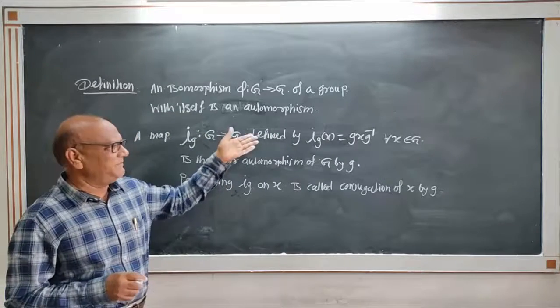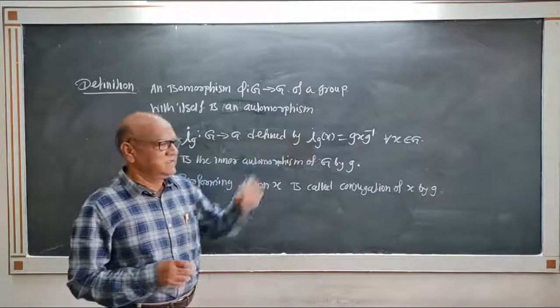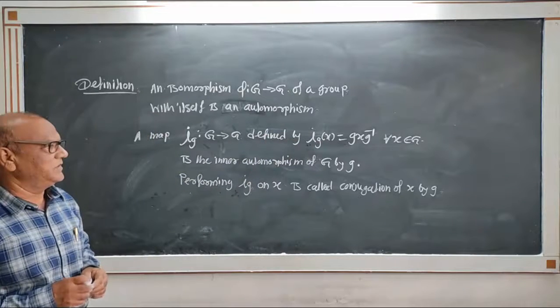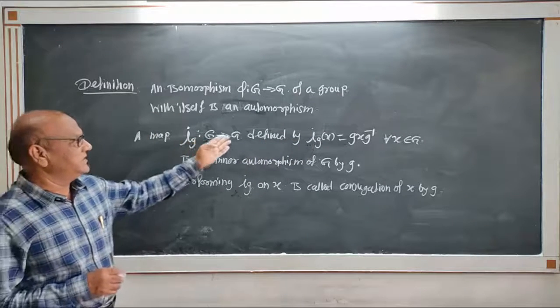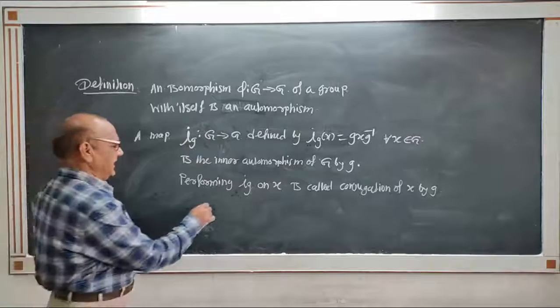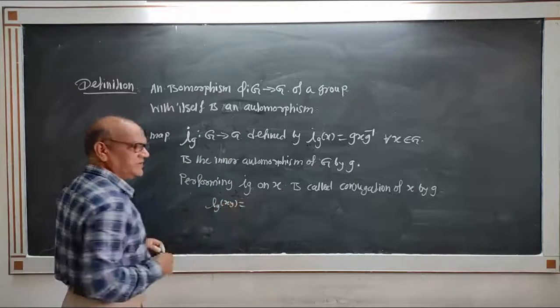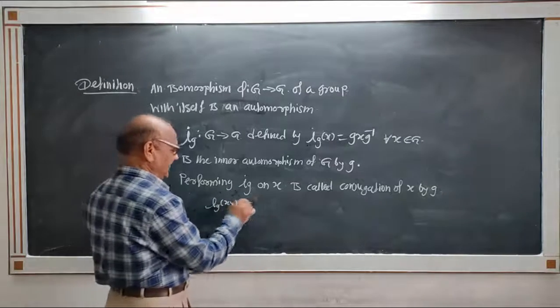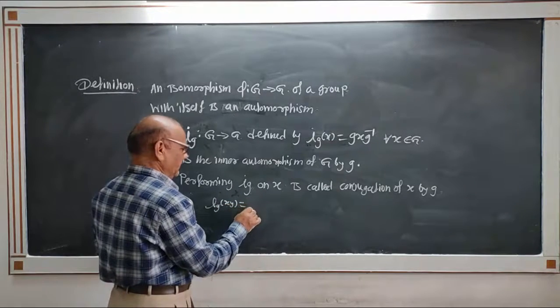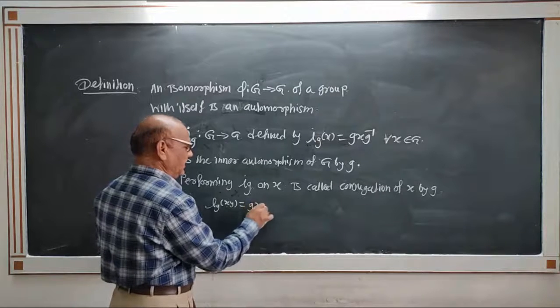And clearly this map is an automorphism. That means here domain and codomain are the same. I_g of xy is equal to g x y g inverse.